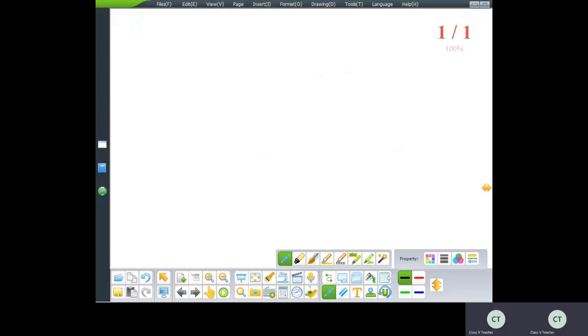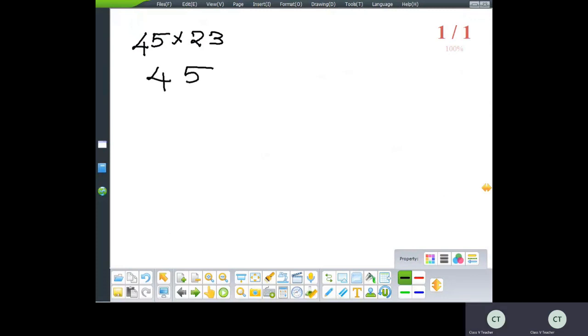Now let me take a problem. 45 into 23. It is a 2-digit number with a 2 digit. So now, firstly, let me do the multiplication. In the previous class, I showed you how to do multiplication of 2 digit with 2 digit.